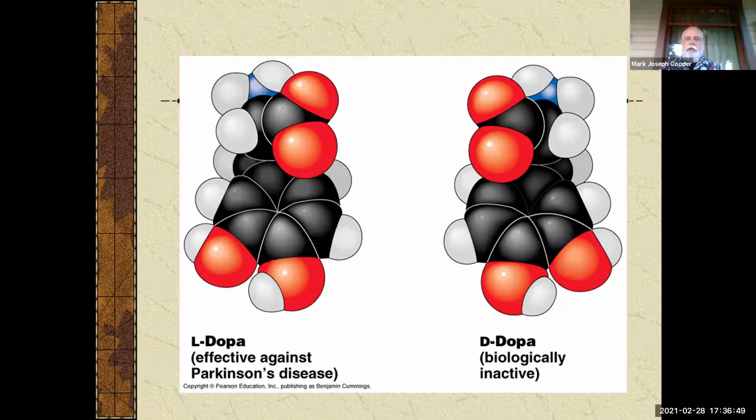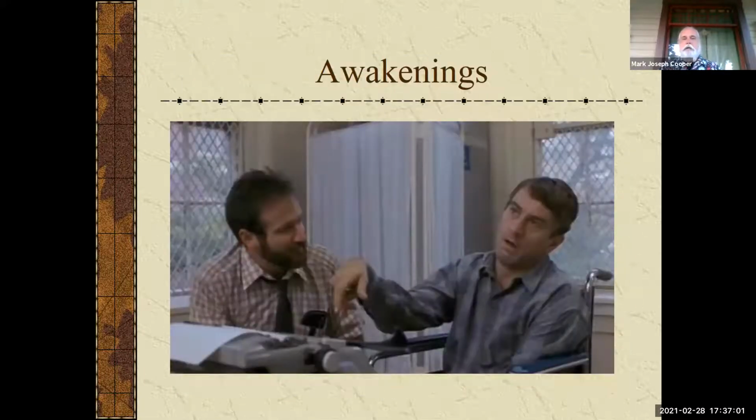And I usually ask the class, it's kind of hard to do on a video, but the movie that had L-DOPA in it with Robin Williams, which is a good movie, it's a true story, was Awakenings. And there are people who are kind of living statues.